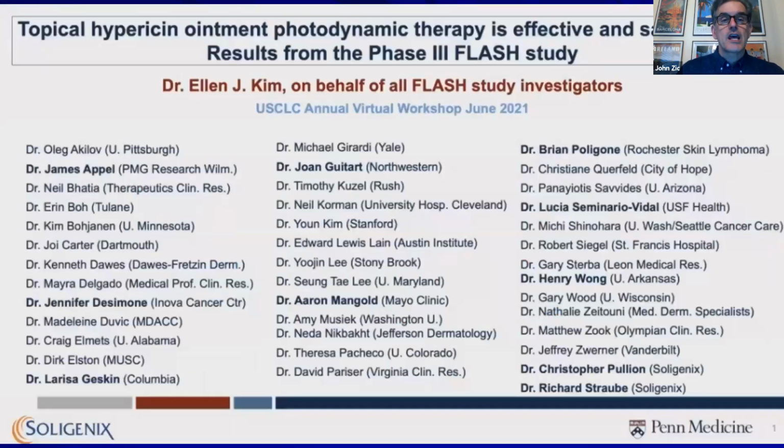Ellen Kim from the University of Pennsylvania gave an excellent talk summarizing a multi-center trial using a liquid applied to the skin overnight and then shining a light on the particular spot that was treated with the liquid, to see in this clinical trial if that might help resolve skin lesions of patients with early mycosis fungoides.